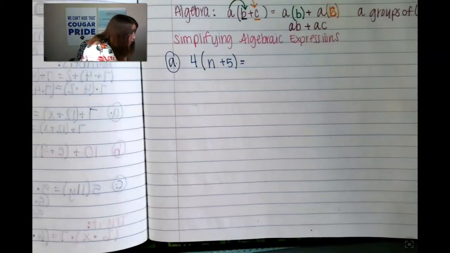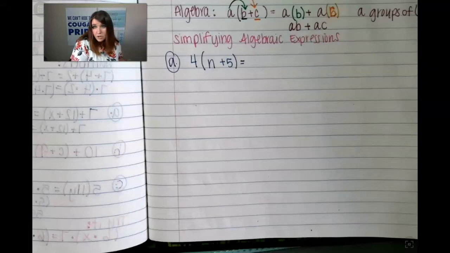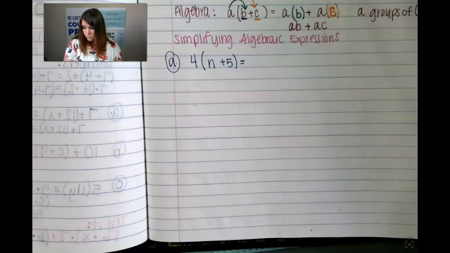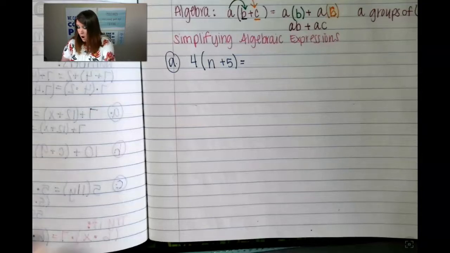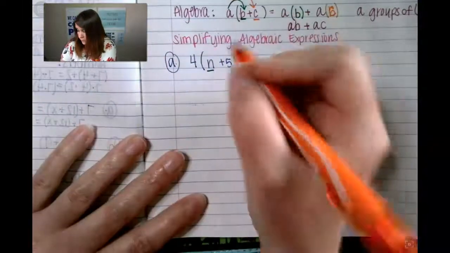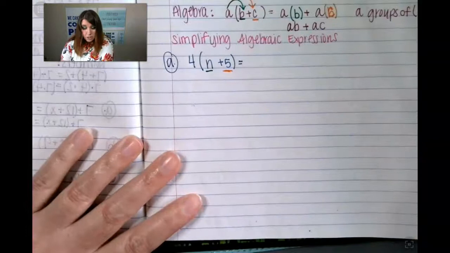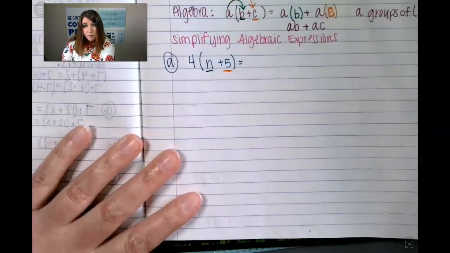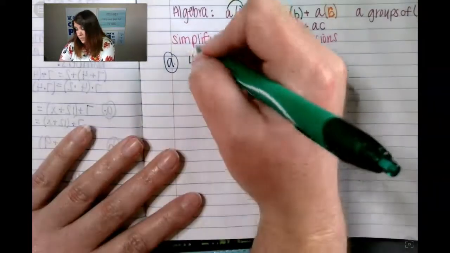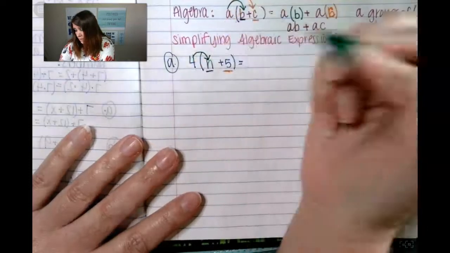So we want to put things that are the same together. So let's talk about what we're going to do. First, we want to care. So let's share. We have one term here, and we have another term right here. So what we're going to do is share the 4 with both terms. I'm going to share my 4 with my n.